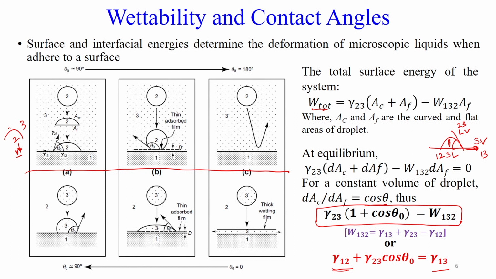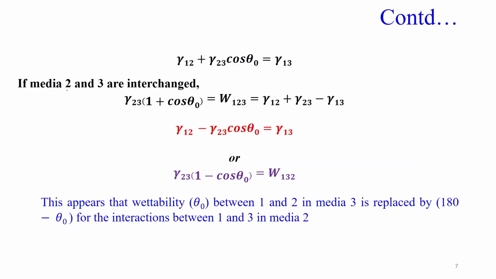Now, next what we are seeing in the bottom figure is we are having the interaction between 1 and 3, it is surrounded by the 2. So, here it was interaction between 1 and 2 surrounded by the medium as 3. Now, we are replacing, you can say exchanging, 2 with the 3. So, if the media 2 and 3 are interchanged, it will be like gamma 2 3 times 1 plus cos theta is equal to, now it will be W 1 2 3.